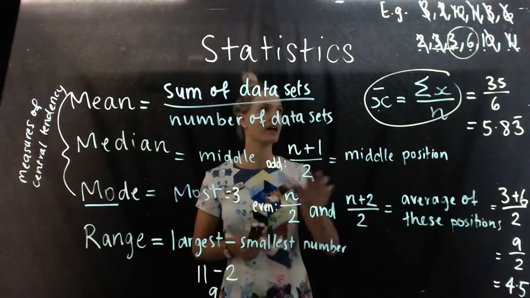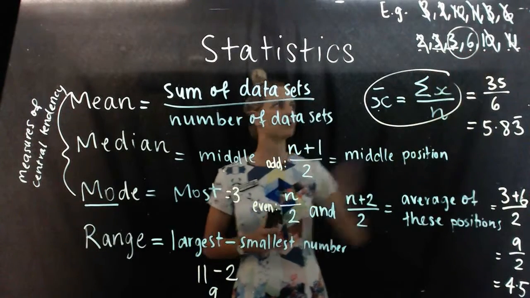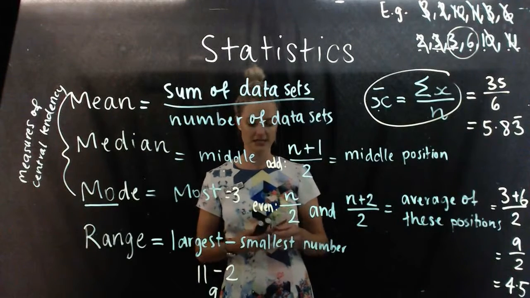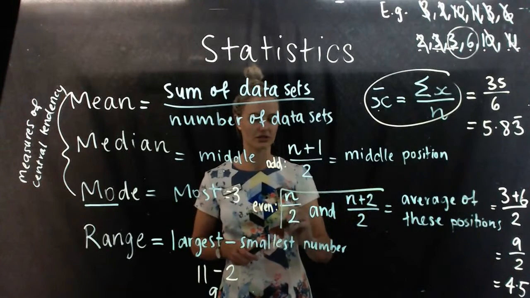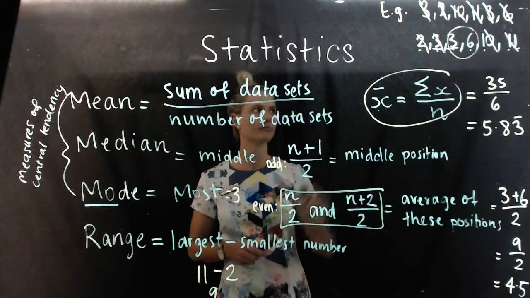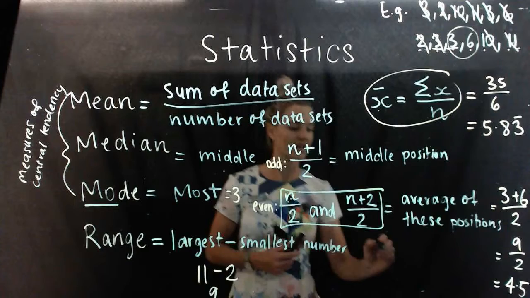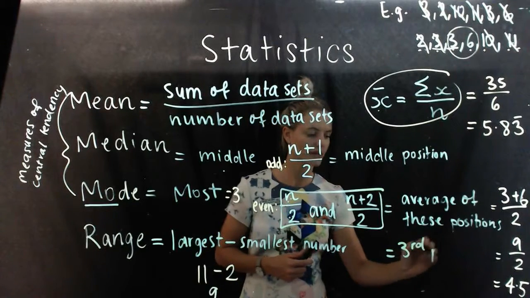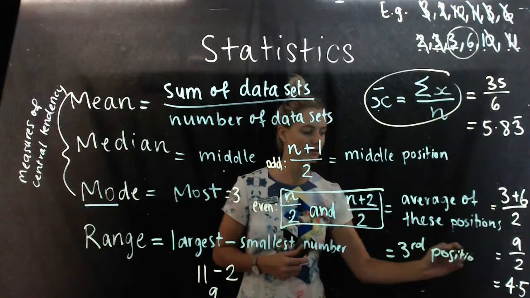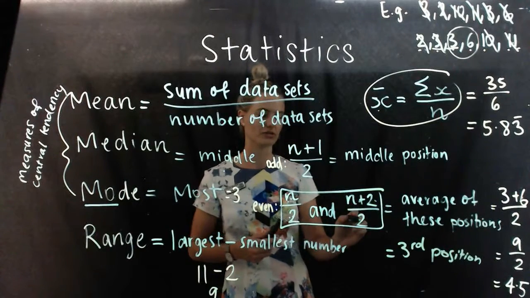So the median, when the number of data points is even, which it is here, the 6, I need to find these two positions. N divided by 2, there are 6 data points. 6 divided by 2, I need the third position. And I also need to find n plus 2 divided by 2, this position.